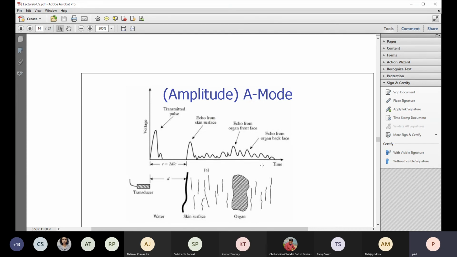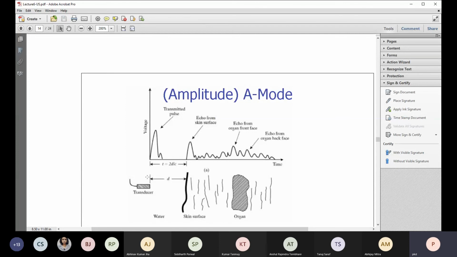Assuming the velocity is more or less the same, or if in a different medium we can compensate for the velocity difference, that way we can have better depth information. Then this can be coded in terms of depth. Once we know the depth information, it will correspond to a particular transducer position.